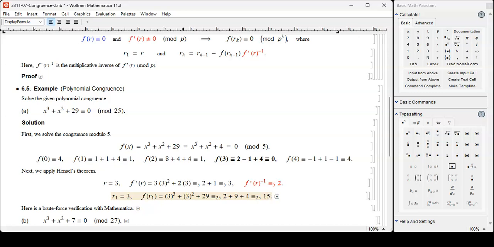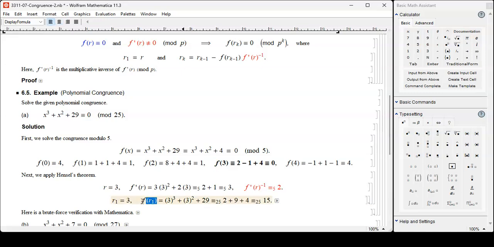Do you like this computation? All right. If everything fits, that's going to go right here, 15. And then 3 right here. That's just step 3. So let's see. This one here, f of r1 is 15.